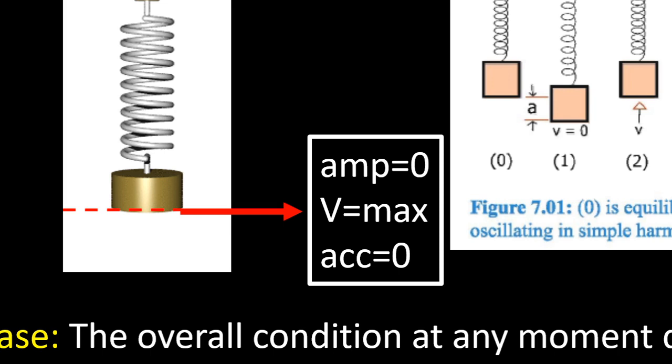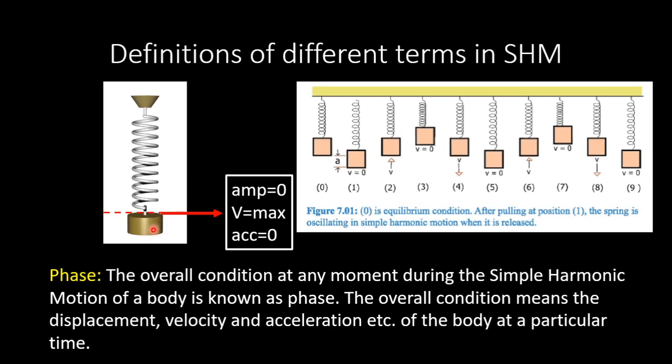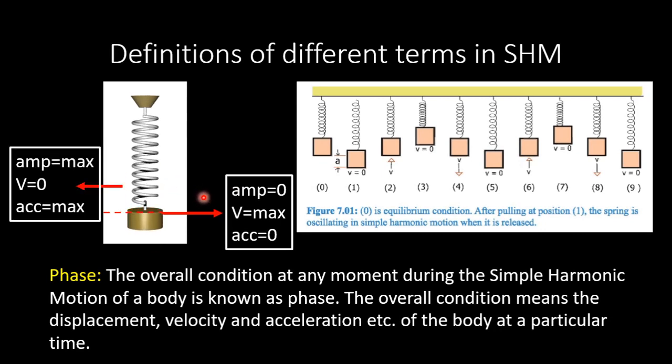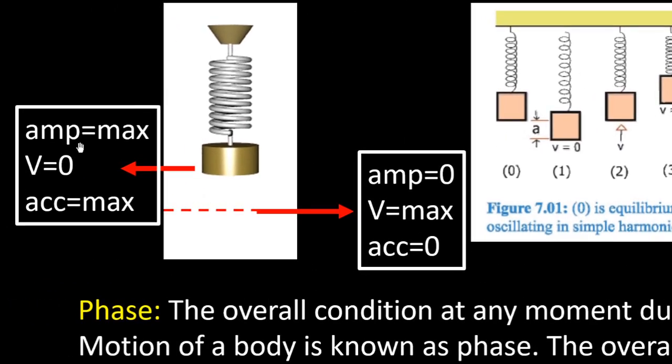But it has a maximum amount of velocity now. As we know, the force acting on a body in simple harmonic motion is opposite and directly proportional to the displacement. So now the displacement is 0, so the force is also 0, that means acceleration is also 0, but the velocity of this object is at maximum, and the object travels downward and then upward. But at the top position the object has maximum amplitude.